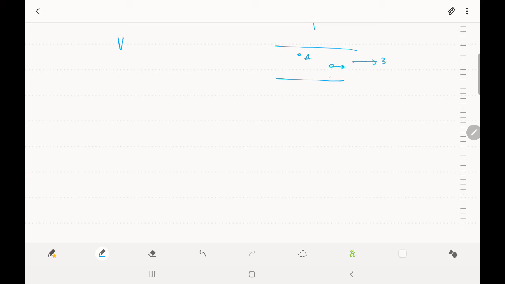Now with this, we can also say that A and B were on the platform moving at 3 meters per second. That was 2, and C was here.